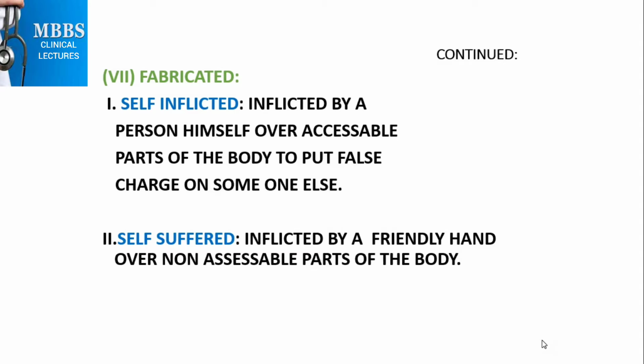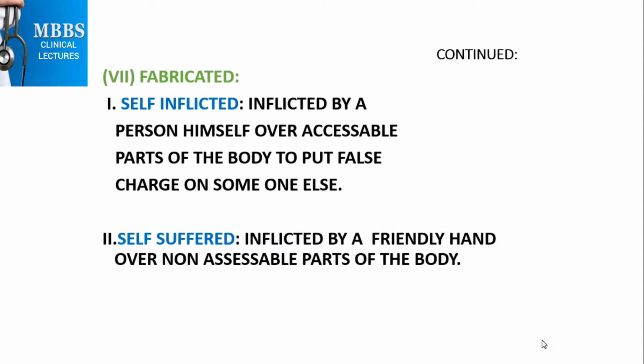Self-inflicted means inflicted by a person himself over an accessible part of the body to put the false charge on someone, and self-suffered means inflicted by a friendly hand over a non-accessible part of the body, meaning asking some friend to cause the injury on the non-accessible part. Say, for example, on the back of the body, injuries may be produced by requesting some friend, and are known as the self-suffered injuries.